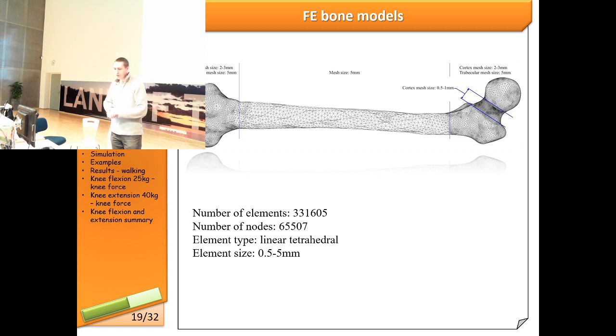And this model was much larger. This was 330,000 elements and 65,000 nodes. It took some time to solve, but today it would be quite easy to solve as well.